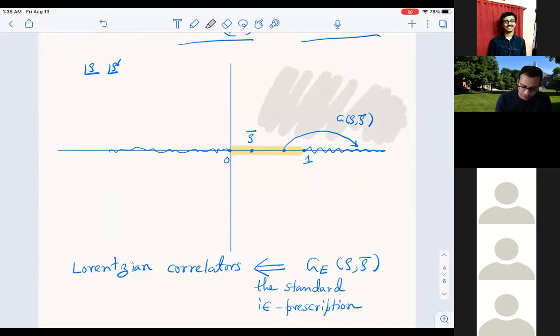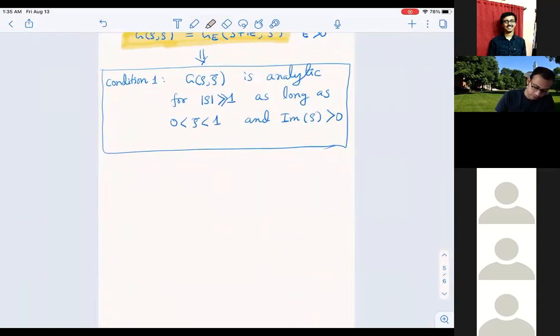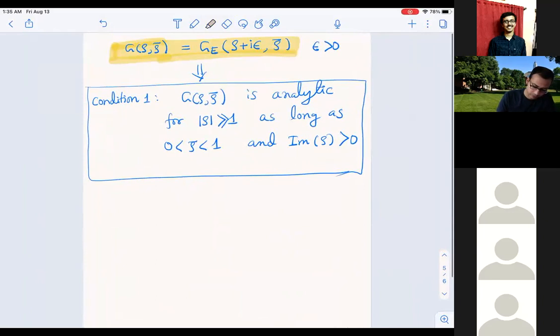And in this regime, as you can see, there is no branch cut or singularity, so the correlator is analytic. The important point is you are not crossing the branch cut. You are always above the branch cut. Any question?